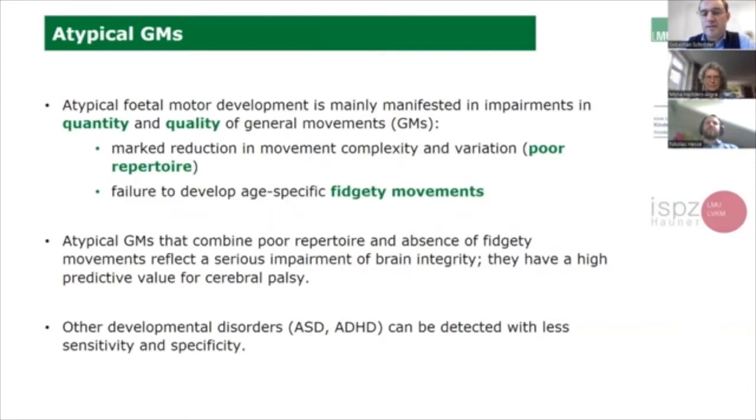And this is specifically addressing the presence of fidgety movements. And you will see this later in the other video, because fidgety movements are tiny superimposed movements on the broad amplitude general movements, which really represent the transition phase into the voluntary movement development as the brain matures.